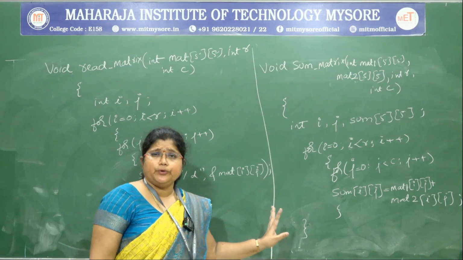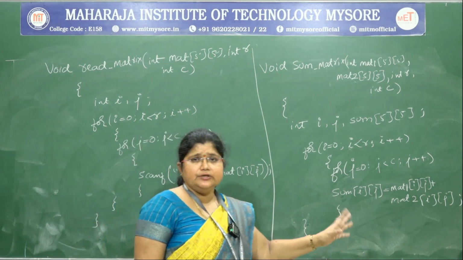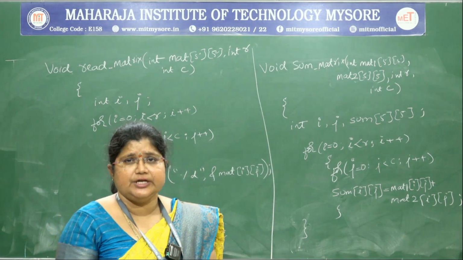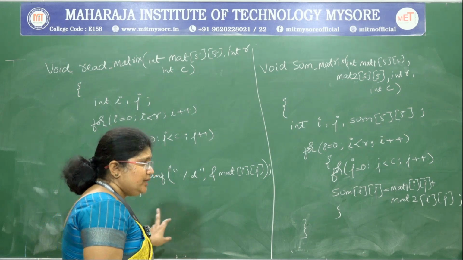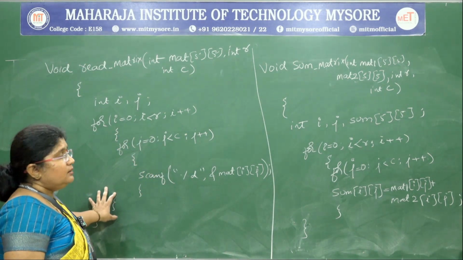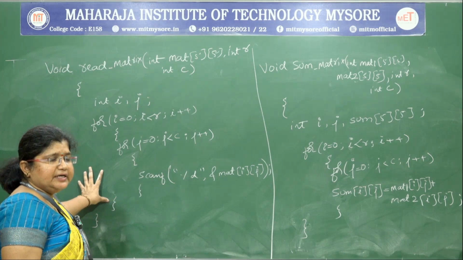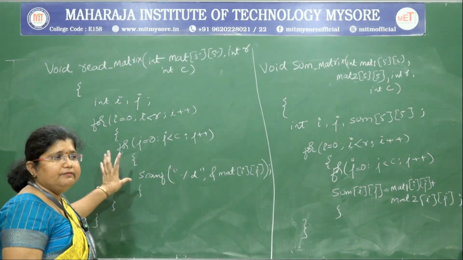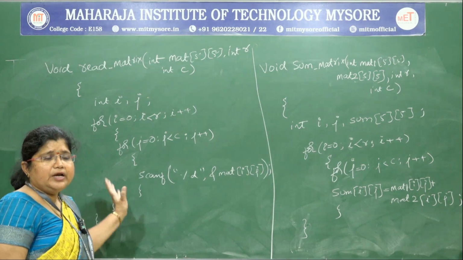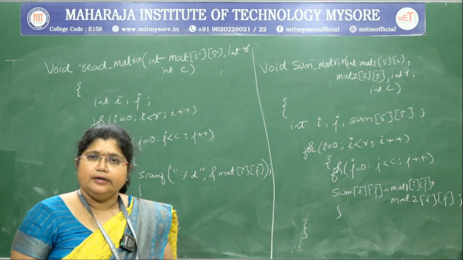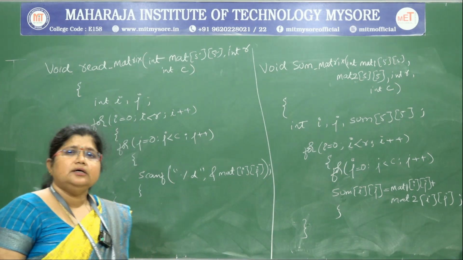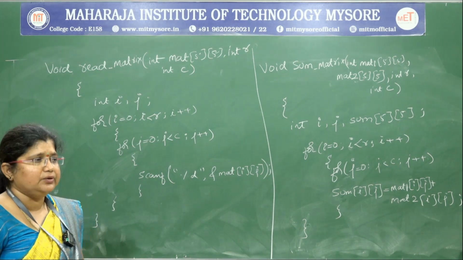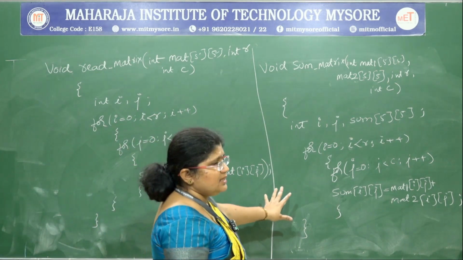So, continuing the program, these are the two functions where the main function passes the parameter, and the entire two-dimensional array is being passed. Now here this is the read matrix. This particular function is going to enter the values of the first matrix when we call read matrix 1. Next, the same function is called twice to enter the second matrix values. The next one is in the same manner.